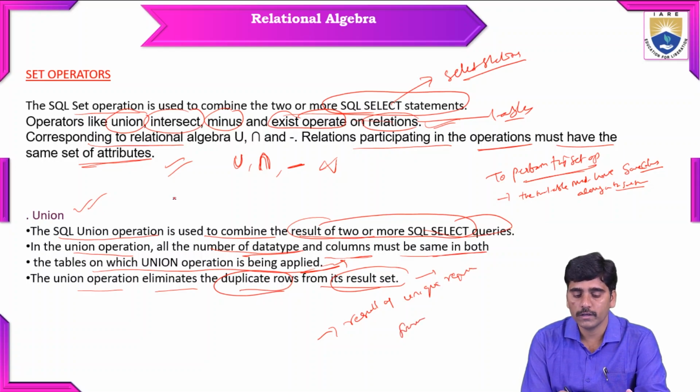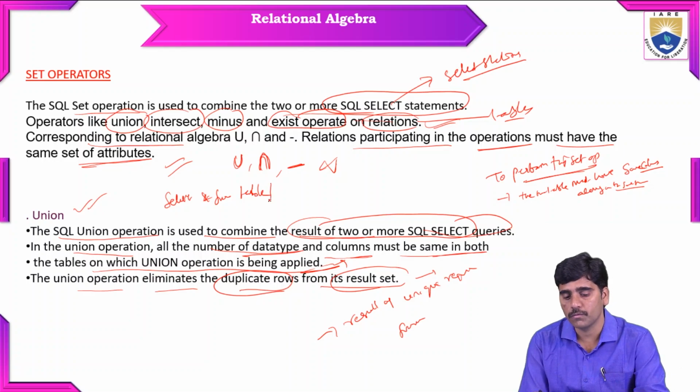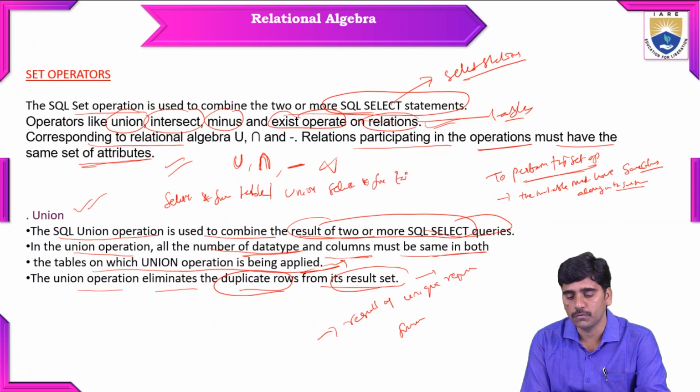How can we write this? The query is: select star from table 1 union select star from table 2.